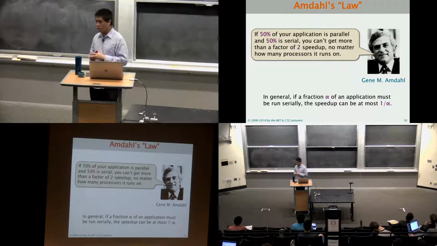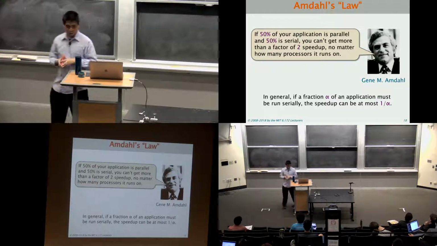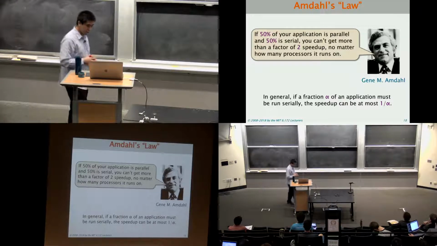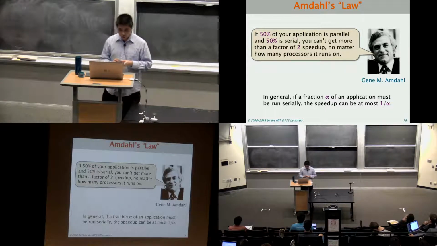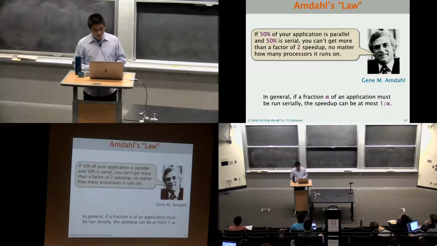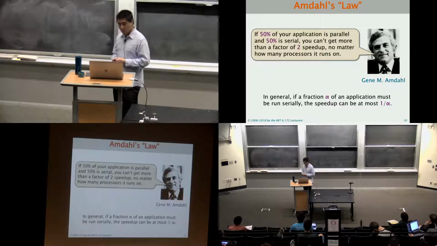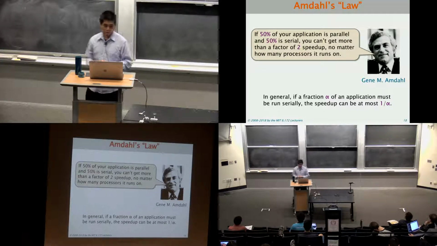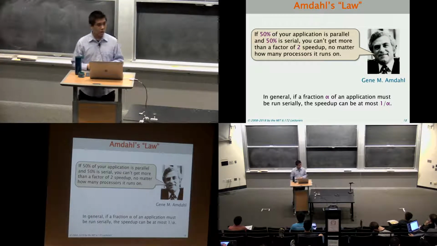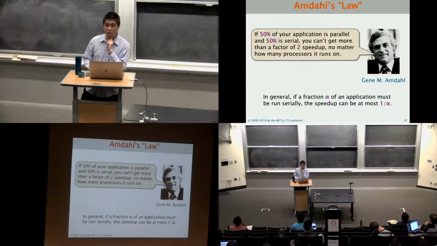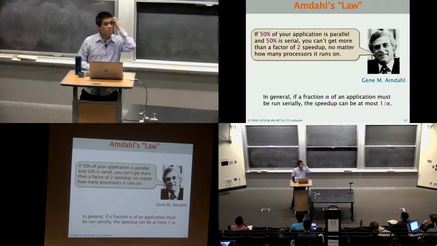So whenever you start talking about parallelism, somebody's almost always going to bring up Amdahl's law. And Amdahl's law says that if 50% of your application is parallel and the other 50% is serial, then you can't get more than a factor of 2 speed up, no matter how many processors you run the computation on. Does anyone know why this is the case?